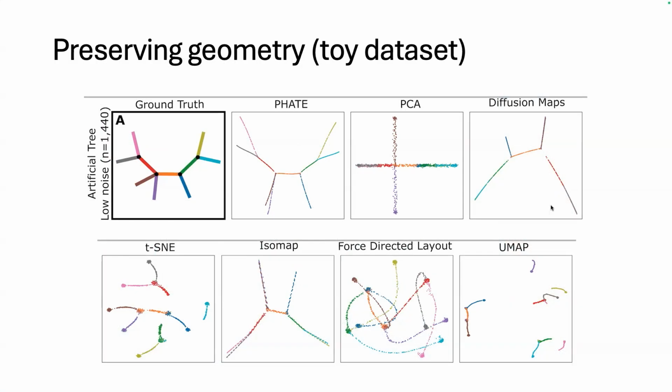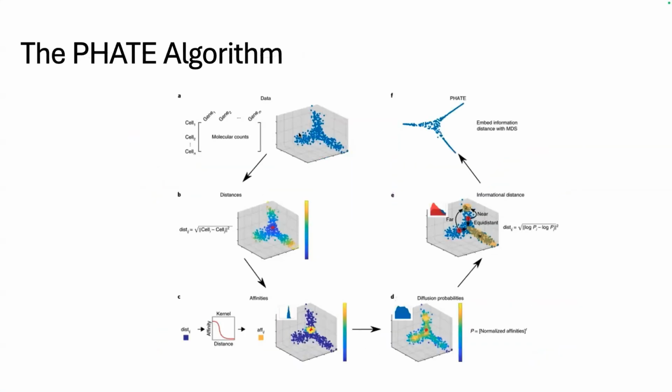PHATE actually has a close relationship with diffusion maps, but it is different, so I'll explain that in a second. In PHATE, let's suppose you have this cell by gene data. We go from the cell by gene data to a cell by cell Euclidean distance matrix.